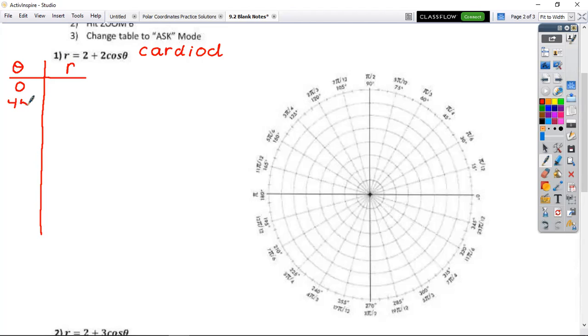Again, you just pick, and if you find you need more of these, you just write more of these. I'm going to do 60, I am going to do 90. And then let me go back to the calculator and show you how to get these. Then I'm going to do a lot more of these, but I'm going to start with that. So on the graphing calculator, you're going to go to your table.